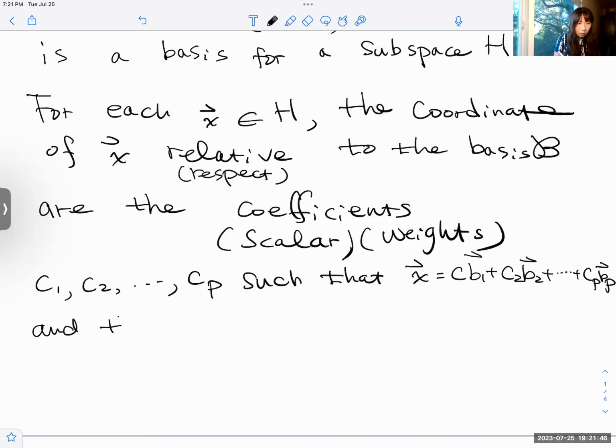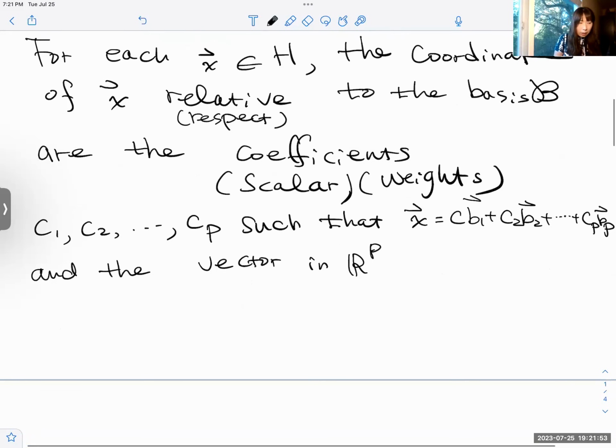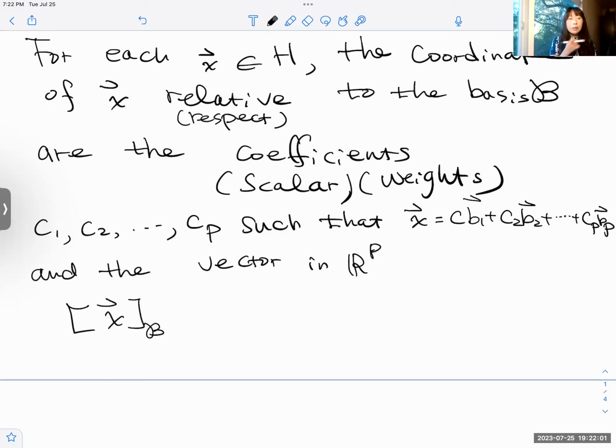And the vector is in Rp. So we have the coordinate of a vector x. We denote it this way. It's a fancy notation, right? And this will be only the coefficients, c sub 1, c sub 2, up to c sub p.